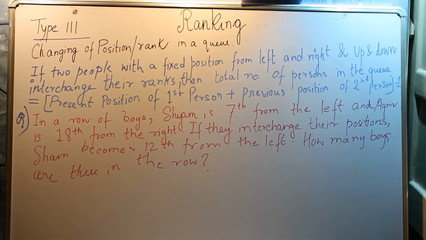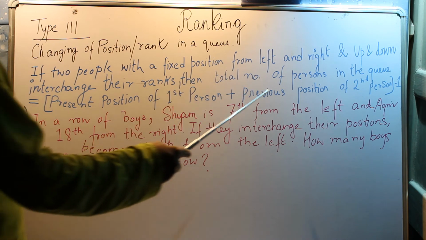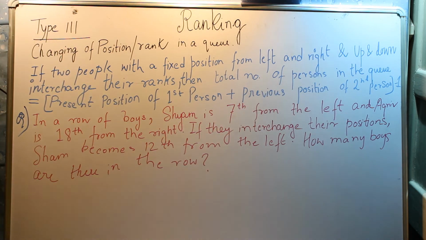It is the same as total number of persons in a queue given in the earlier type, that is, the position of the person from the left plus position from the right minus 1. So this is the formula where interchange of positions happened.